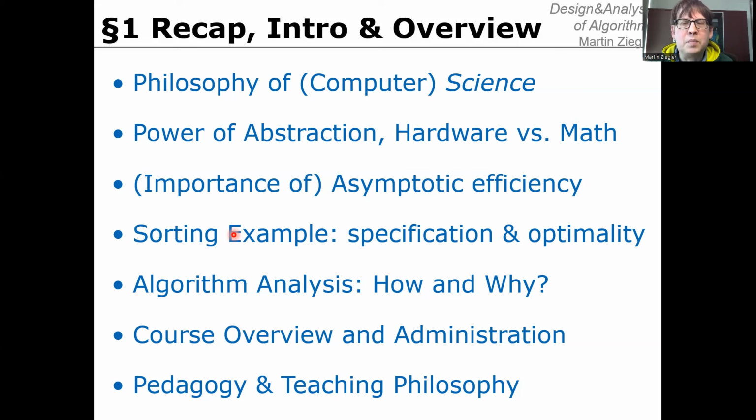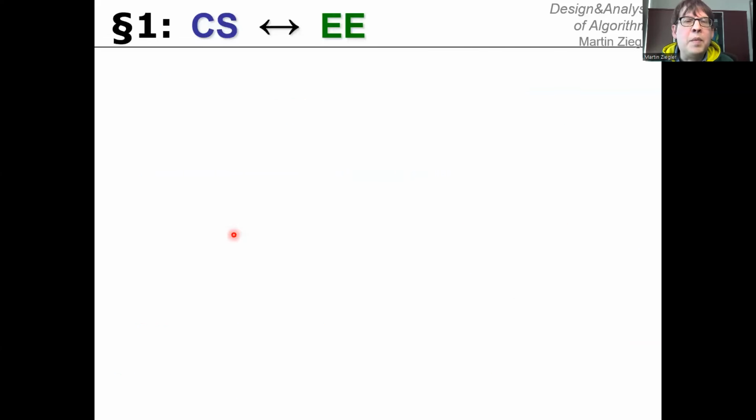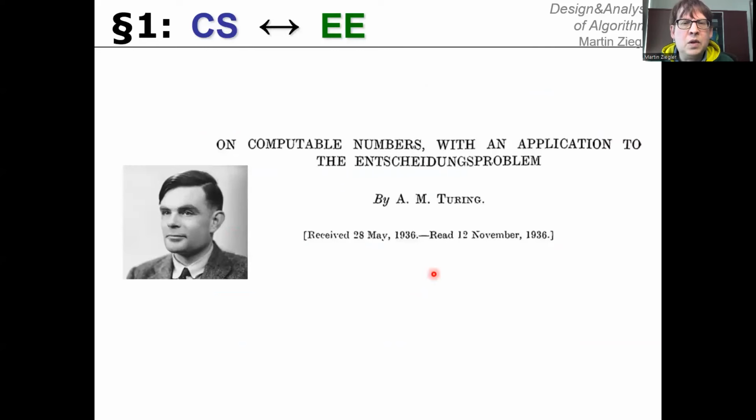Let me start with a brief historical reminder about the relations between computer science and electrical engineering. Let me start with a historical example, namely Alan Turing, who can be considered the father of theoretical computer science, because in 1936, he wrote and published this nowadays famous paper.